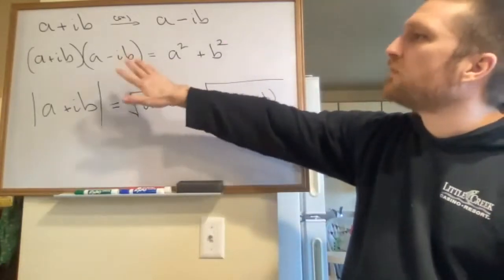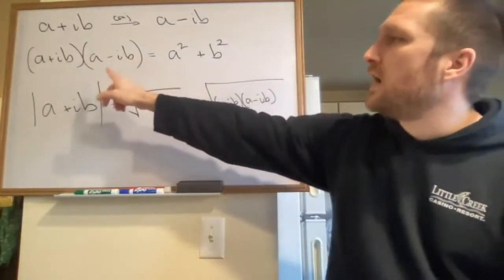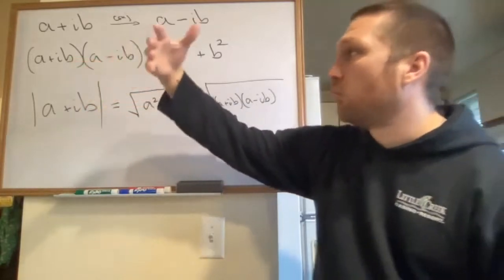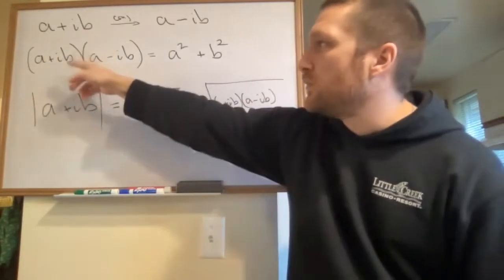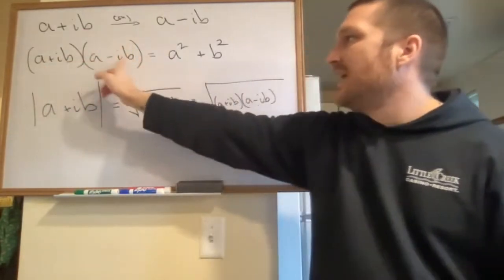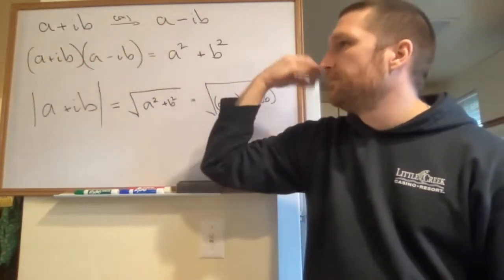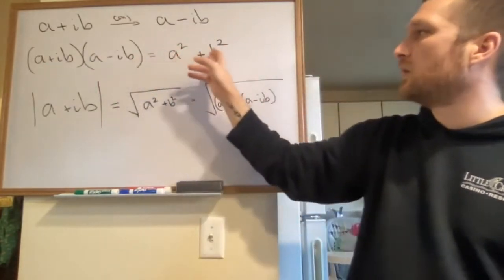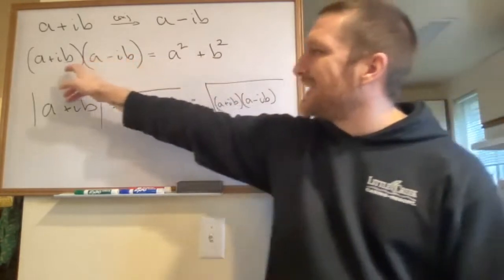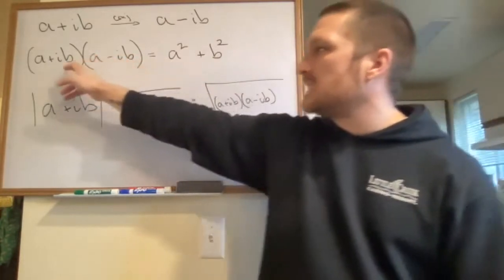Another thing to notice is when we were trying to rationalize a denominator, we multiplied something with square roots in it by its conjugate, and it gave us pure integers or numbers without their square roots. This is the same idea going on here.